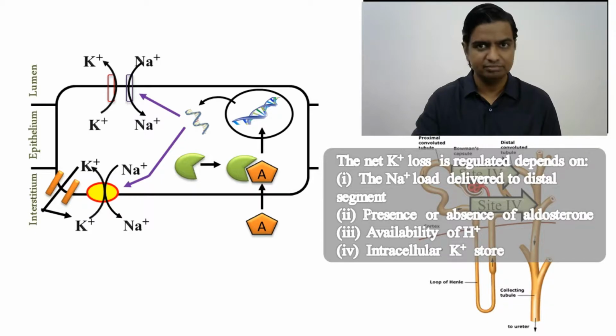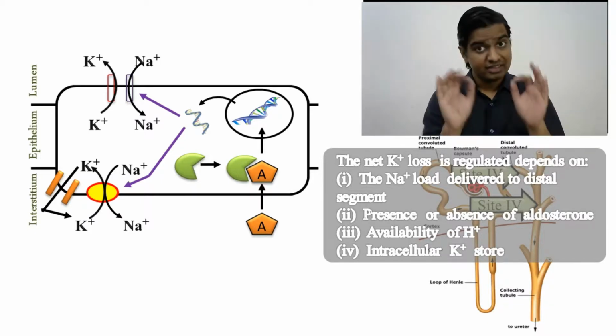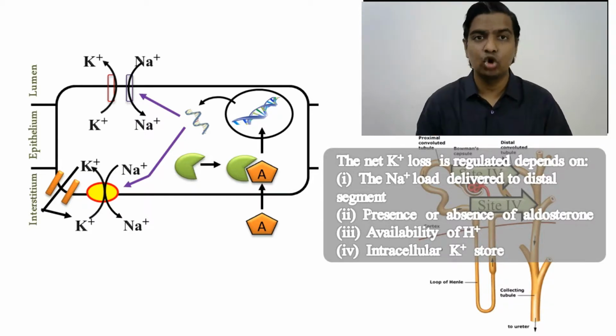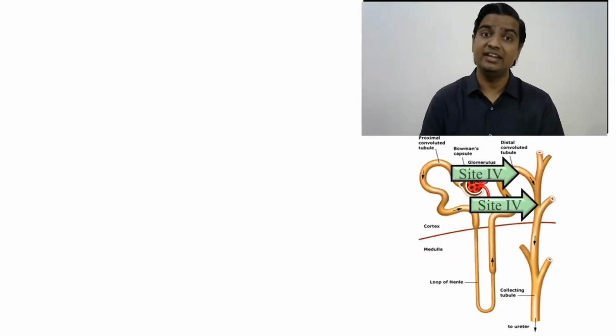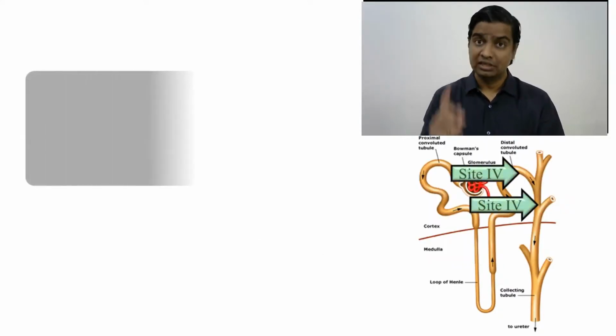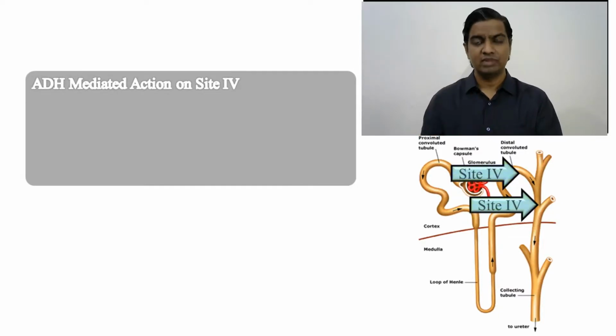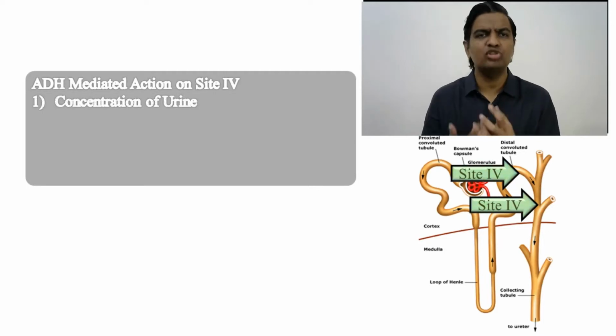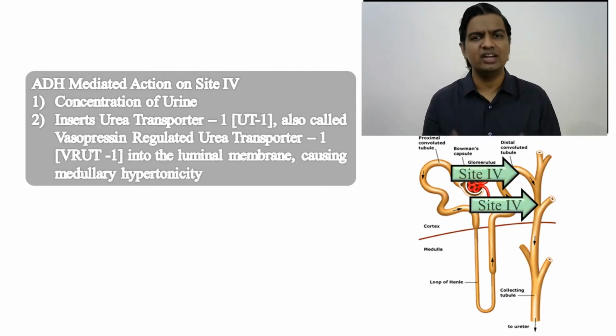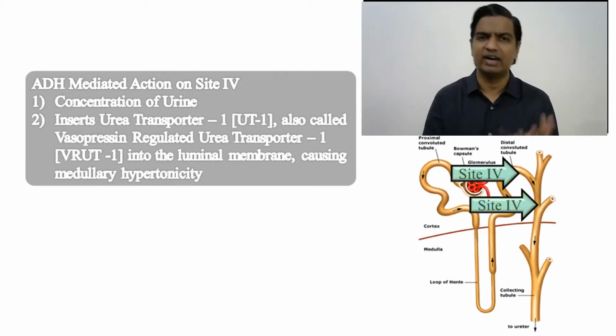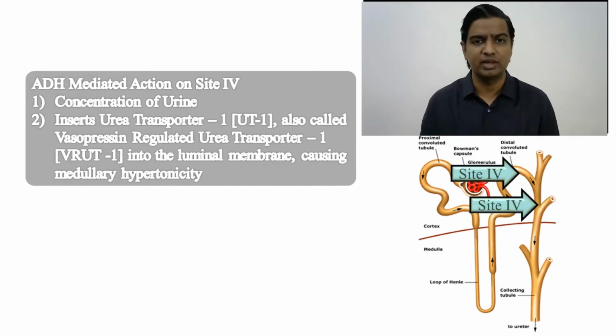Easy, simple. Now at site 4, there's one more hormone that works. It is anti-diuretic hormone. This hormone is also responsible for concentrating urine. Now how does this hormone work? Well, it makes use of a transporter called urea transporter 1, also called VRUT, vasopressin regulated urea transporter 1.